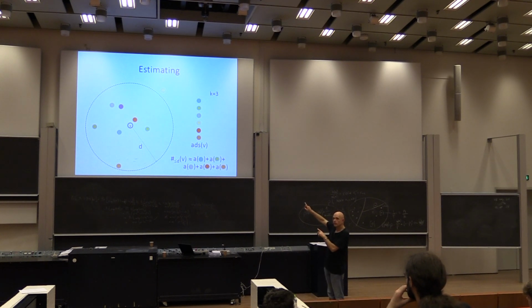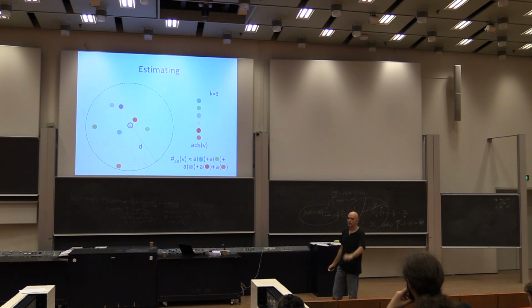I showed 2 estimators, but you give me D, and for the first estimator, I just go over all the vertices in my sketch, and I pick only those that are at distance at most D from the guy. You keep the distances as well as the vertices. Yes. Right. I have to keep the distances, exactly.